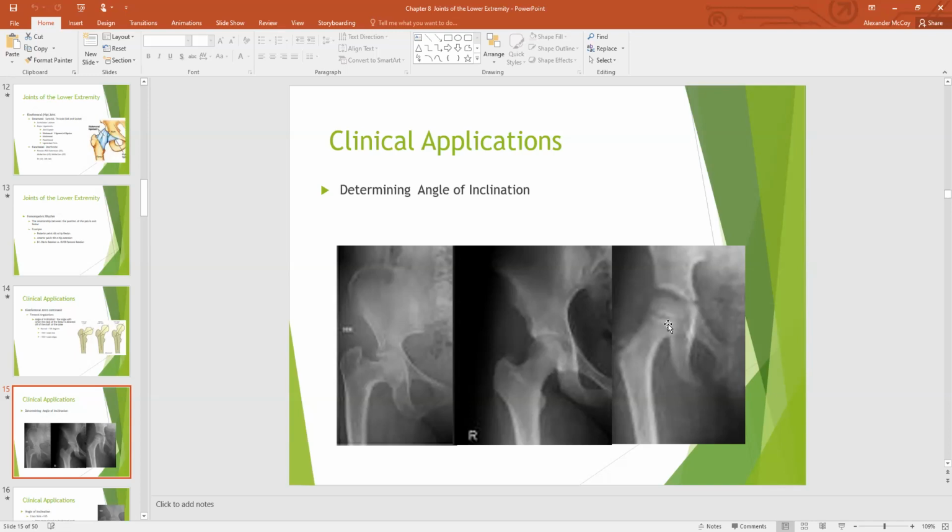I'm actually working with a client right now who has this sort of hip, and she has had some hip pathology and is going in for surgery in the next couple of weeks. But same thing here. Think about the load and stress that is put on the neck of the femur. If we have a straight 90-degree angle there, that's a lot of potential force that is being placed on that neck of the femur.